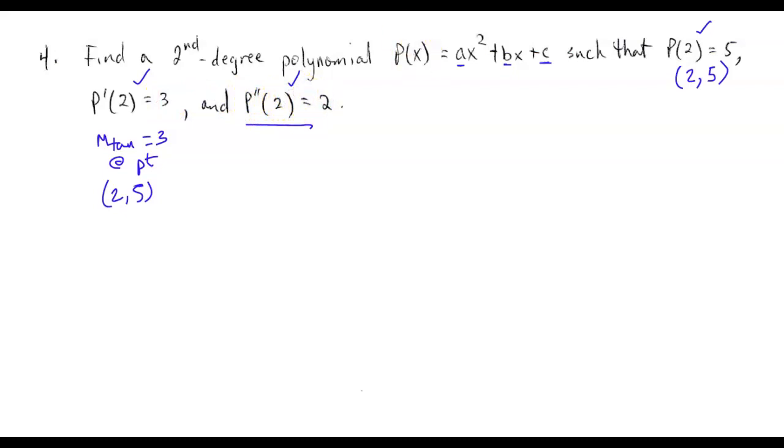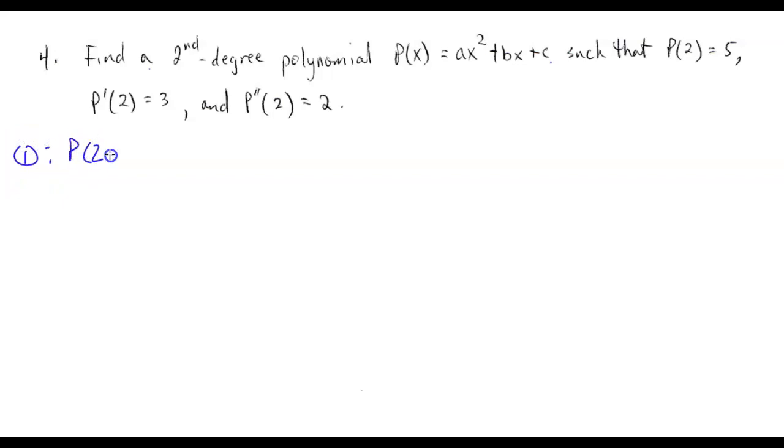All right, I'm going to erase all this so it'll give us a little more room to actually do the work. What we're going to do is figure out what all 3 of these equations entail. First equation, P of 2 is equal to 5.